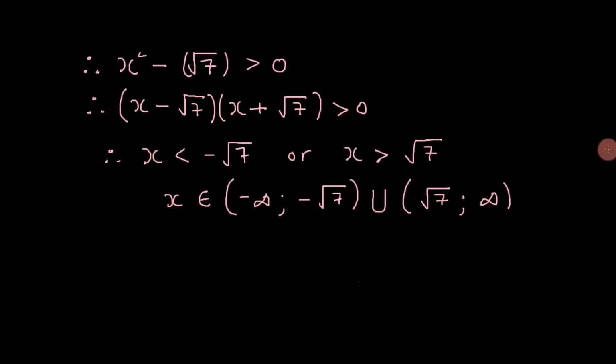Then on a number line, it's going to look as follows, the solution. It's going to exclude negative and positive square root 7, and it's going to be a line pointing towards the left from negative square root 7 and towards the right from positive square root 7.